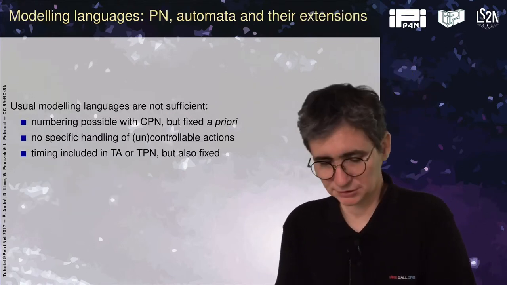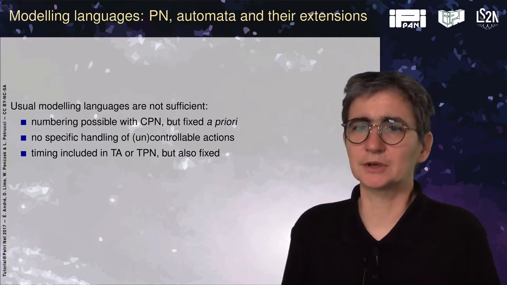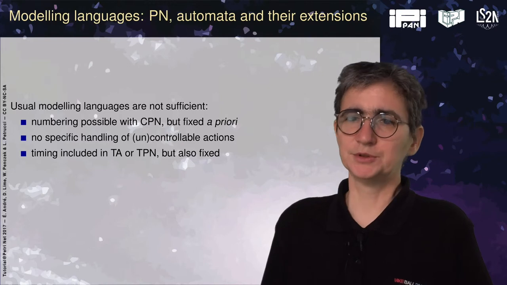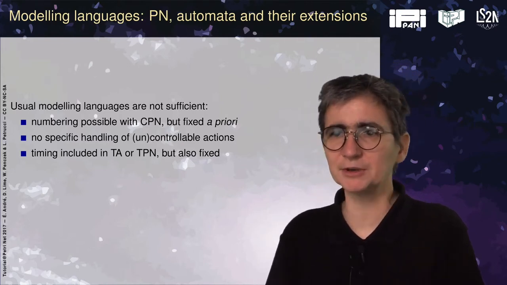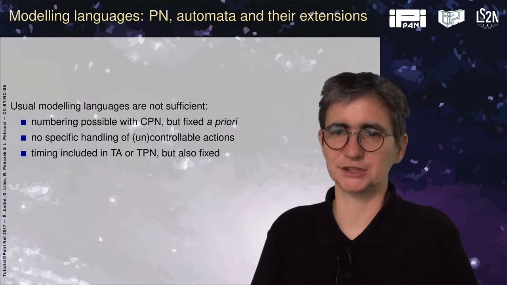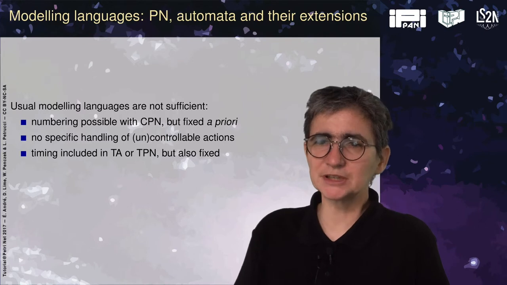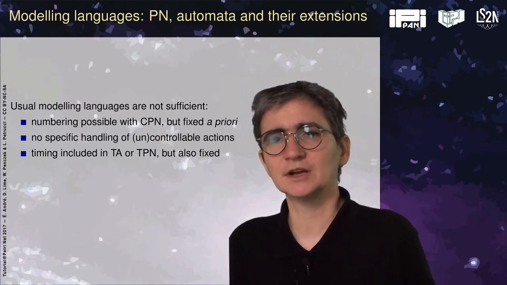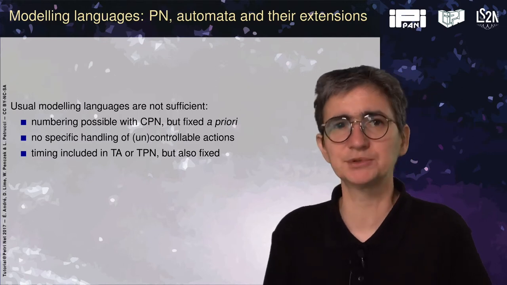Now, where are we going to introduce these parameters? Well, in general, when we model complex systems, we would use usual modeling languages that are Petri nets or automata, but they are not sufficient. The traditional ones are not sufficient. So numbering is possible with colored Petri nets, but in that case, you need to fix the number a priori.